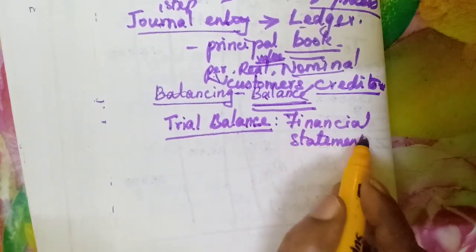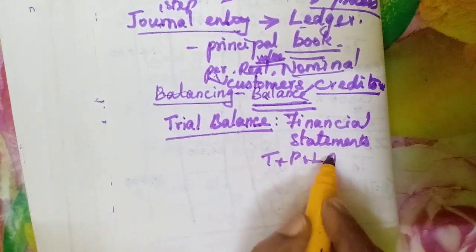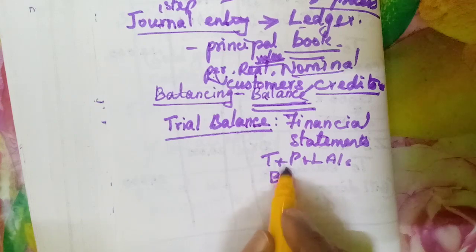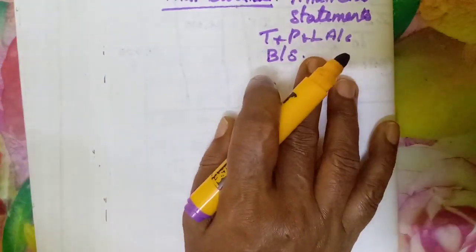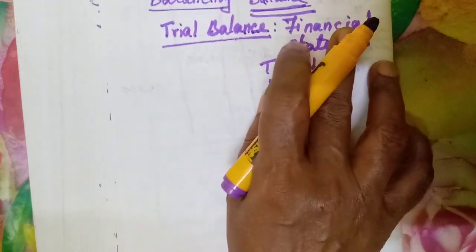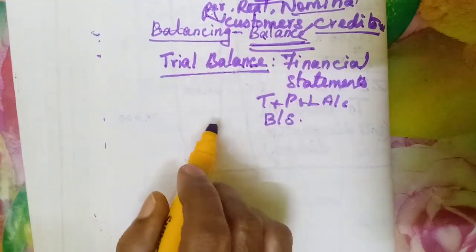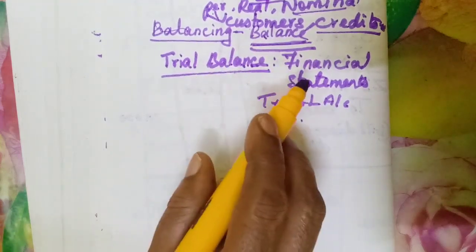Financial statements, we know, are the trading and profit and loss account, and the other one is the balance sheet. That we will learn in the 12th lesson. So in this lesson, we are going to learn about the ledger account alone, and how it will be shown in the books.